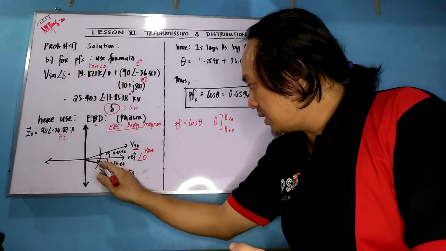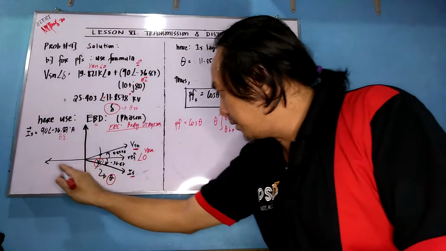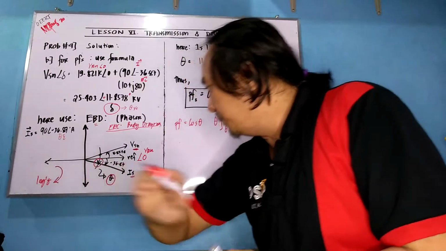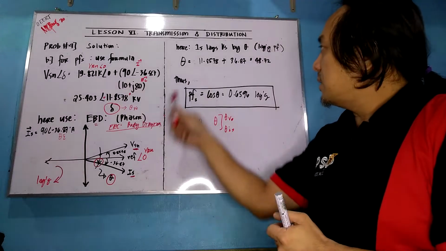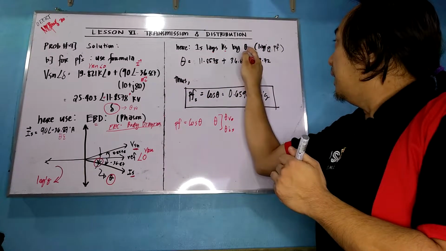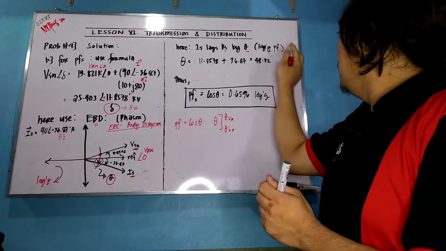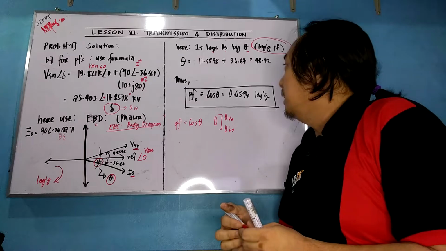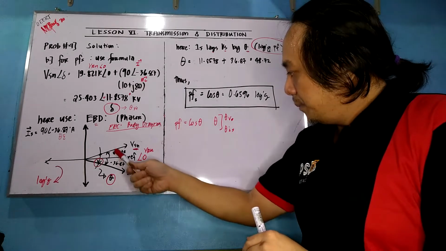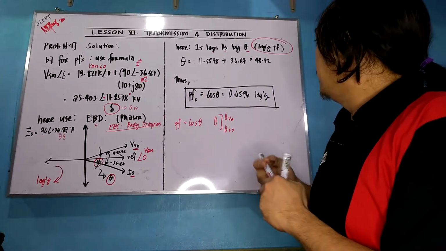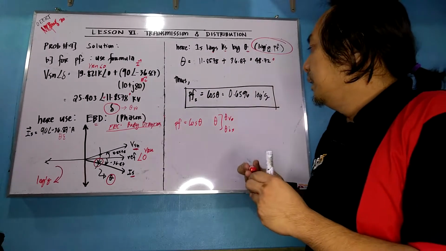So in this case, that rotation here means a lagging condition. So it means IS lags VS by a certain angle theta, which means the power factor is expected to be lagging. So adding 11.85 and 36.87, the answer is 48.72 degrees.